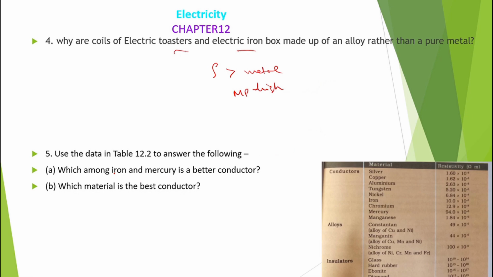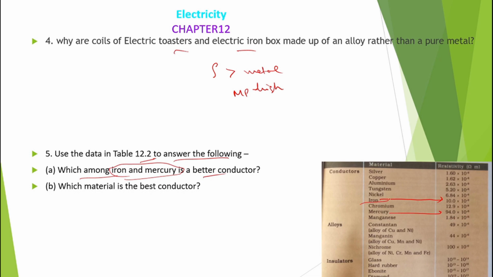Next, use the data in table 12.2 to answer the following. Which among iron and mercury is a better conductor? Just see, iron is here and mercury is here. Iron is 10 into 10 to the power of minus 8, and mercury is 94 into 10 to the power of minus 8.